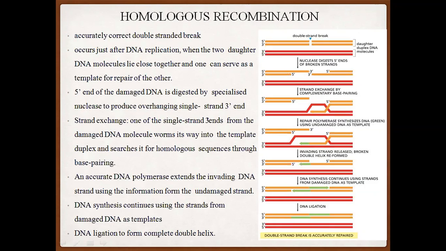If you can remember the meiosis cell division, in prophase one you can see the homologous chromosomes, sister chromatids, lie between each other and exchange their genetic material, called crossing over.